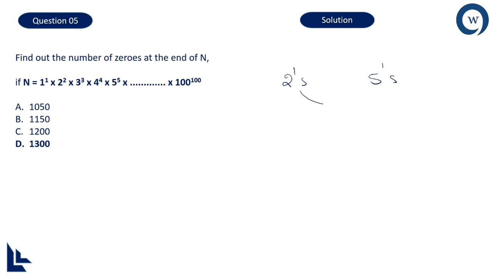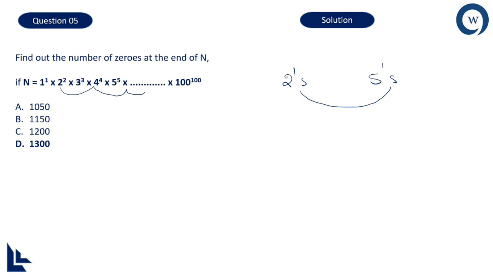Of course, you need a 2 into 5 combination, but in this case, which value will be more? Definitely the number of 2's will be more, because the frequency of 2 is more compared to the frequency of 5. 2 comes after every 2 numbers: 2, 4, 6, 8, 10, but 5 comes only after 5 iterations: 5, 10, 15. So of course the number of 2's will be more in this sequence.